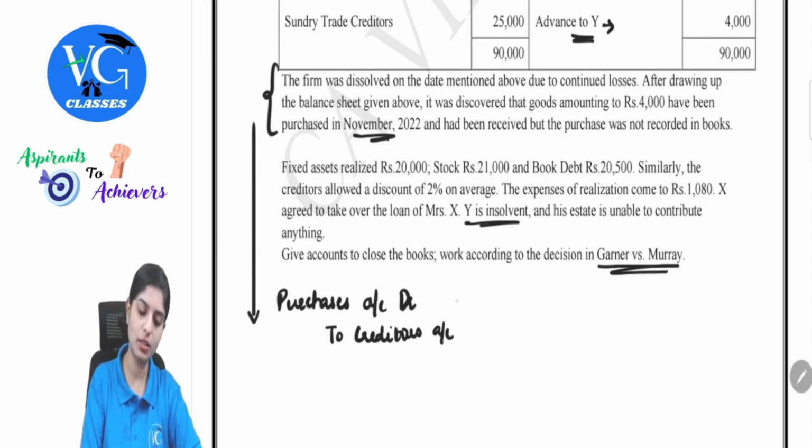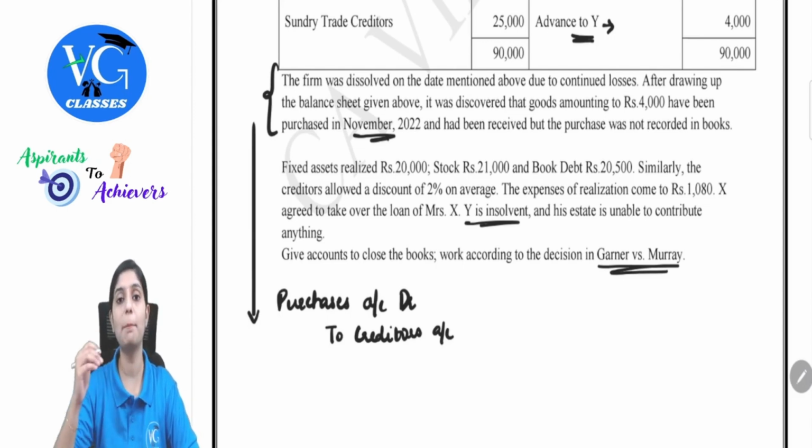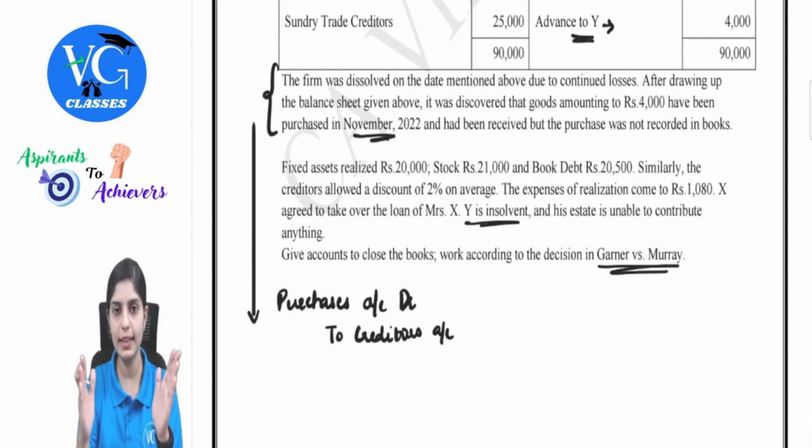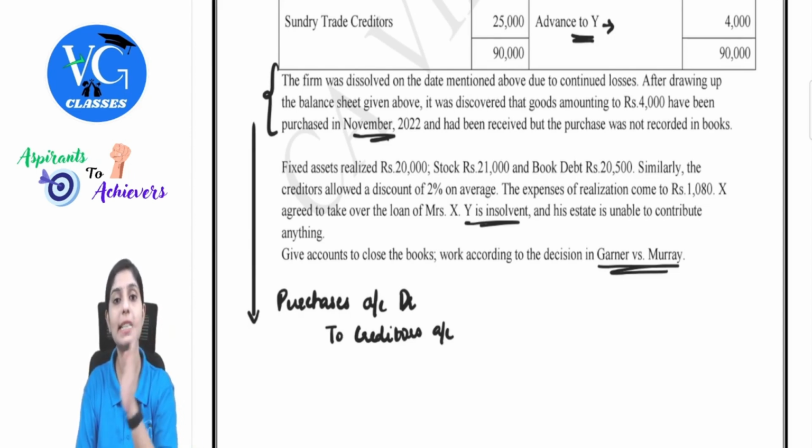See, when purchases which was supposed to be debited is not debited, this will definitely impact my profit. Profit will reduce because purchase is an expense. Now, ultimately, where will the profit be transferred to? It will be distributed amongst the partners, correct? So you will credit to partners' capital. Yes or no? Are you understanding the link here? So purchase is an expense which will reduce my profit. This profit will be ultimately transferred to partners' capital.